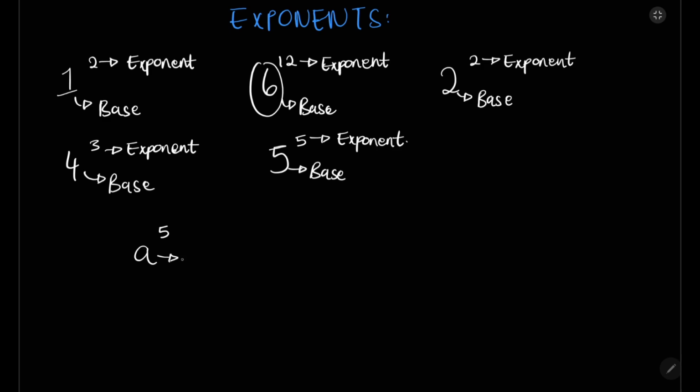This a is still your base and that 5 is your exponent. What if we had, let's say, m to the power 6? This m is your base and that 6 is your exponent.